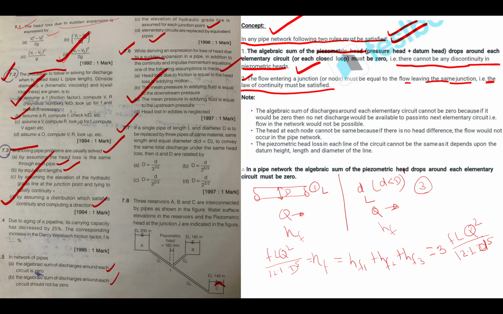So everything will cancel out. What only remains? 1 by d to the power 5 is equal to 3 by capital D to the power 5.